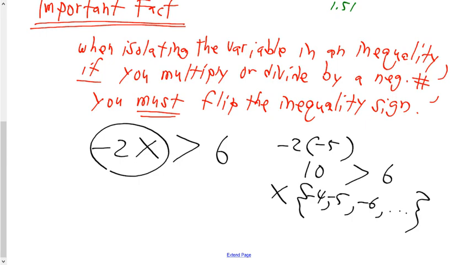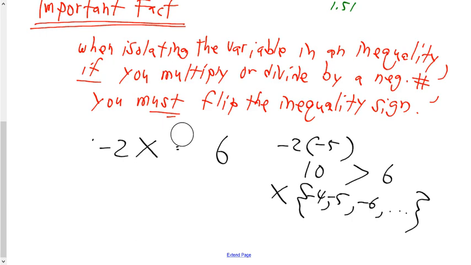Now here's the tricky part. If I isolate it, what would I do to both sides here? How do I isolate negative 2x is greater than 6? What would you do if it was an equality and not an inequality? How would you solve this? Algebraically speaking, what would you do to both sides? Divide by negative 2, that's right. You would divide both sides by negative 2.